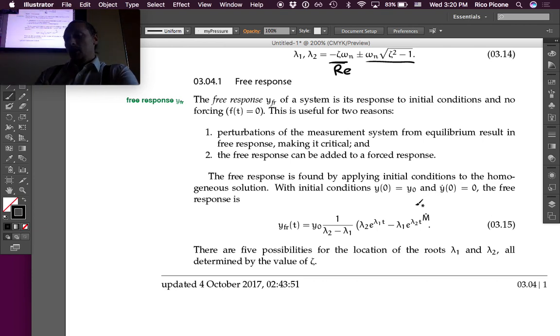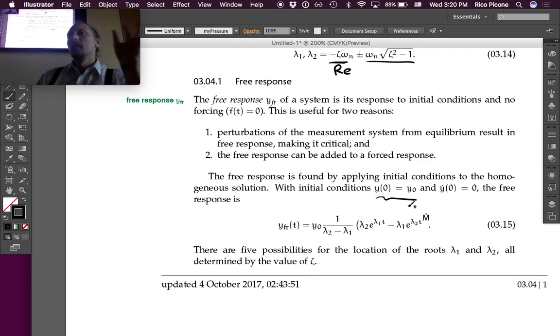But note that the special case that we're taking right now, probably the most common one, is that there is some initial disturbance from equilibrium, and not that there's some initial, say, velocity or derivative of this disturbance. So this is sort of the paradigmatic case of an initial condition.